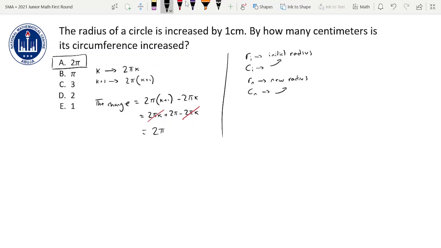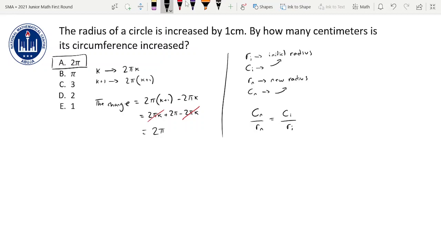Since we know that the ratio of the circumference of a circle to the radius of that circle is constant, that means that Cn over Rn is going to be equal to Ci over Ri. Thus, the ratio of the circumference of the new circle to the radius is equal to the ratio of the circumference of the initial circle to the radius.